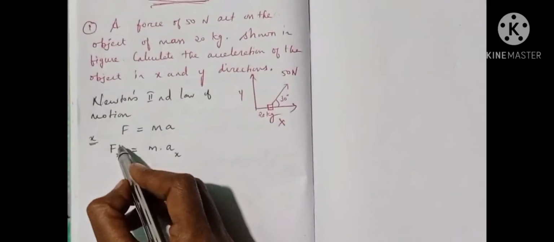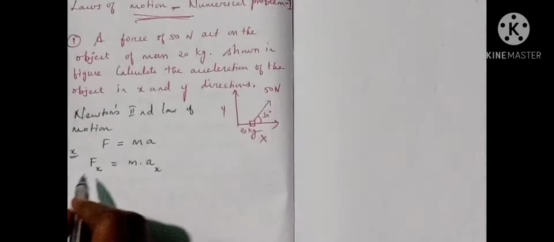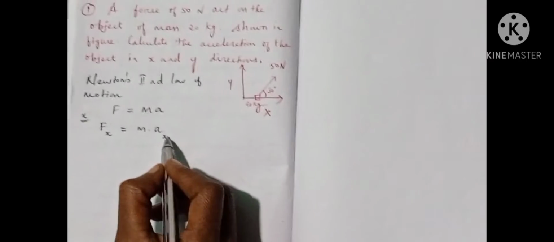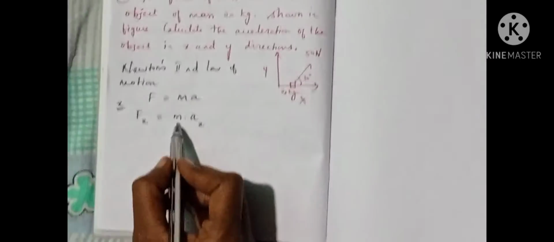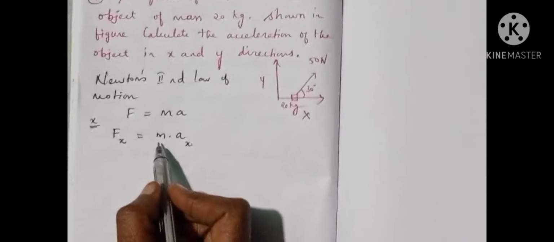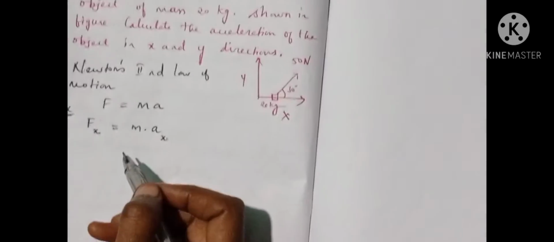Force and acceleration are vector quantities, so both can be resolved into x component and y component. Mass is a scalar quantity, so we cannot resolve it along x-axis or y-axis.